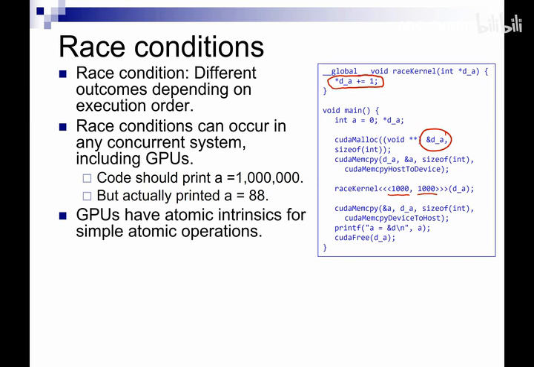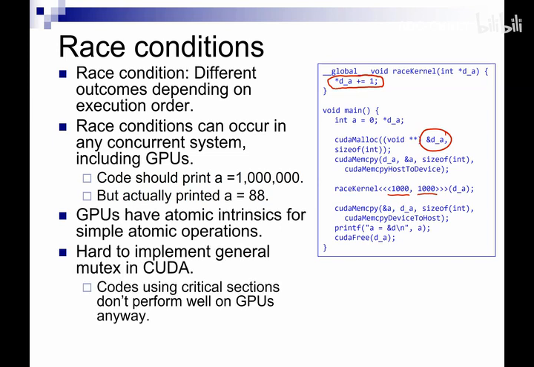However, there's a limit on the nature of these critical sections, which is that if you use these intrinsics, the critical sections are only for very small pieces of code. In fact, they only apply to a single operation, as we'll see. Okay, so then what about critical sections for larger pieces of code, right? How do you use those on GPUs? Well, first of all, it's quite difficult to implement a general mutual exclusion algorithm on GPUs.